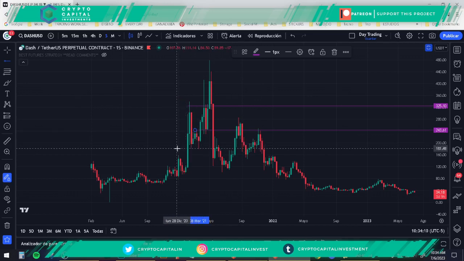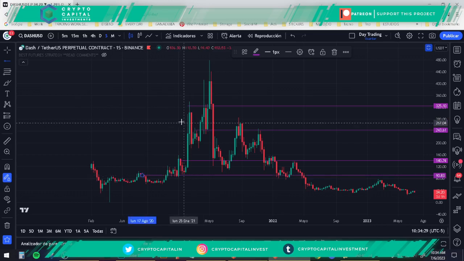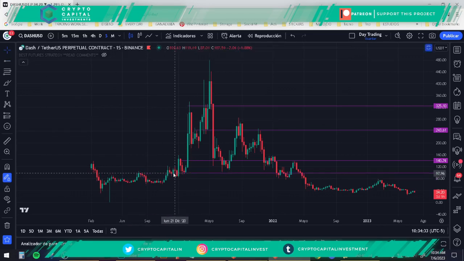Let's keep moving down. I'm looking at this horizontal line. Let's go very slowly. I do believe here definitely we have a special area. Gonna put it here, and you cannot be wrong about this one because these are weekly candles. I mean, an entire week of support and resistance. And let me then adjust this one.